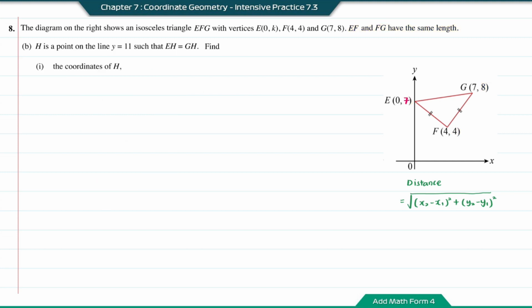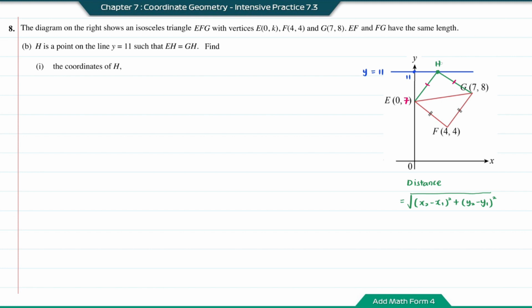Question B. H is a point on the line y equal to 11 such that EH equals GH. Find number 1, the coordinates of H. So y equal to 11 is a horizontal straight line that looks like this. Let's say here is the point H. The distance EH is equal to GH.